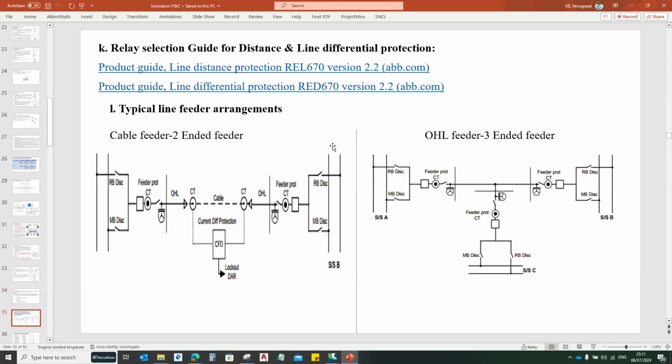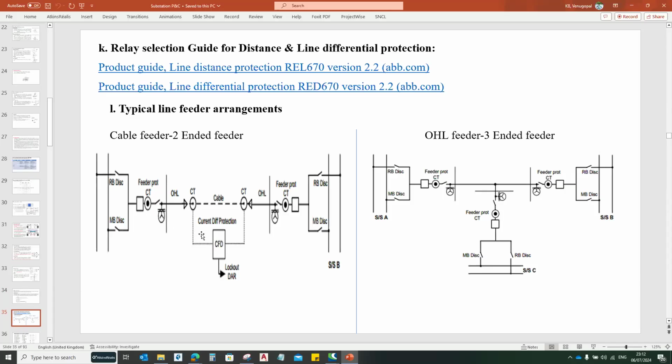So these are the typical arrangements in the line feeders. This is one substation and this is the remote end substation, where you are connecting two substations by using cables, with cable differential protection like the line differential protection.